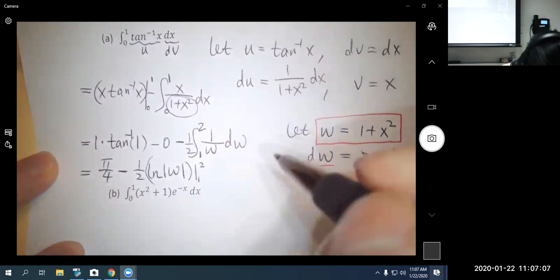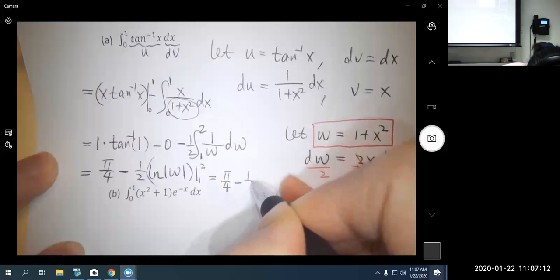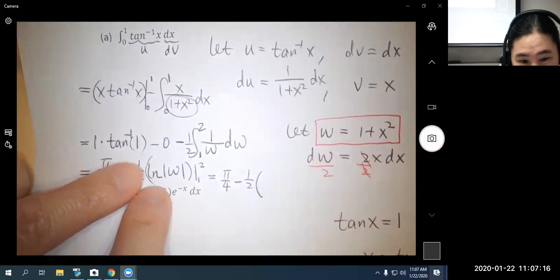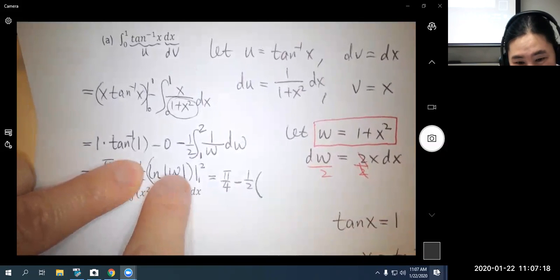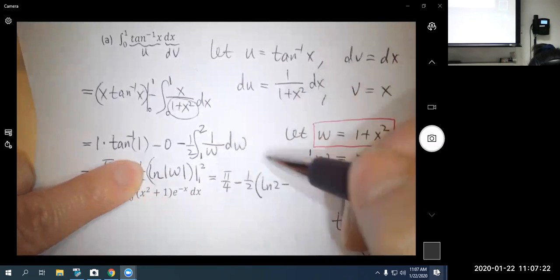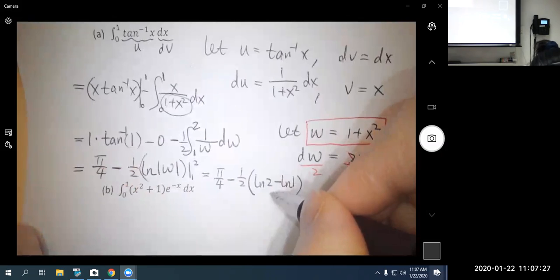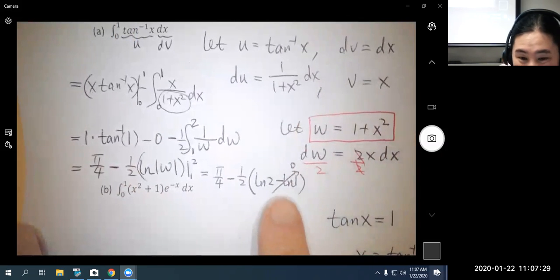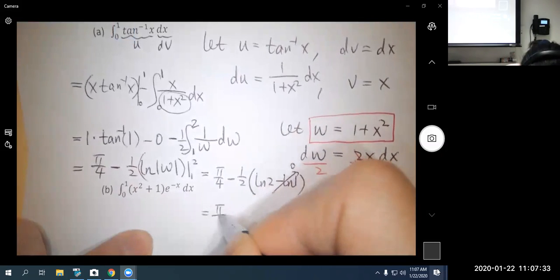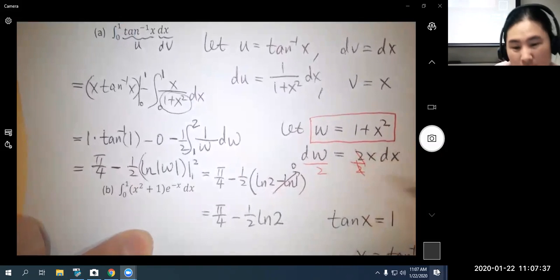So actually we're going to have 1 over 4, no, pi over 4 minus 1/2 times parenthesis, evaluate, ln 2, minus ln 1. What is ln 1? 0, right? So eventually the answer is going to be pi over 4 minus 1/2 times ln 2.